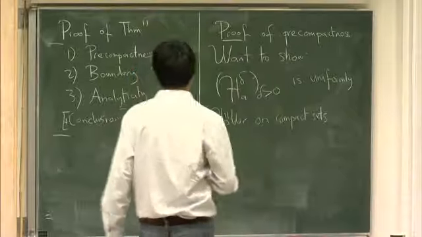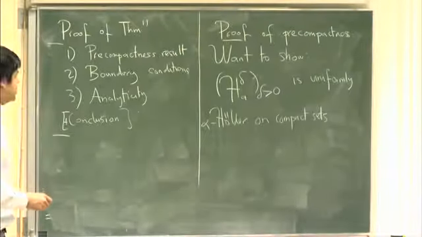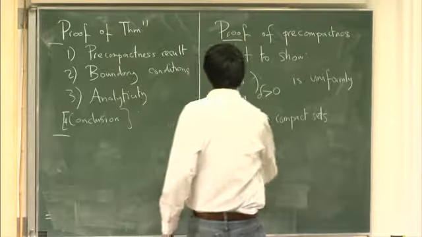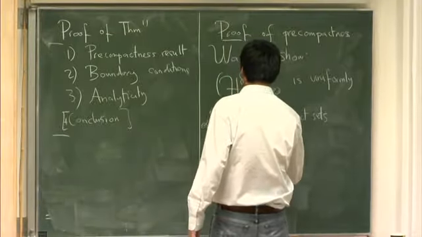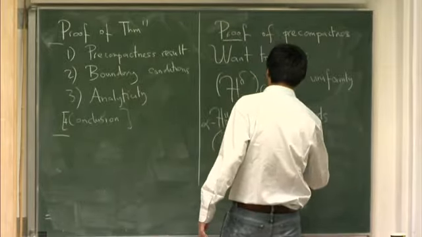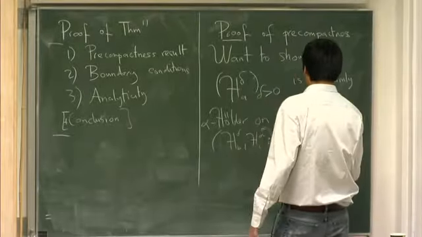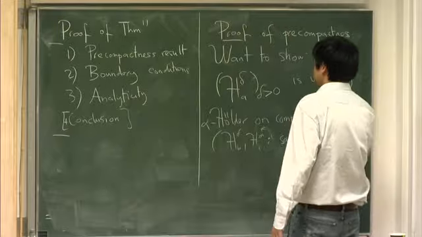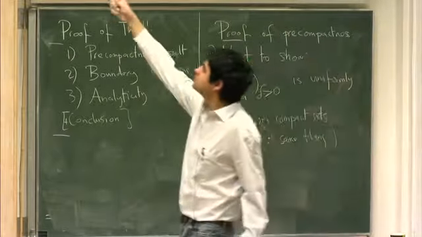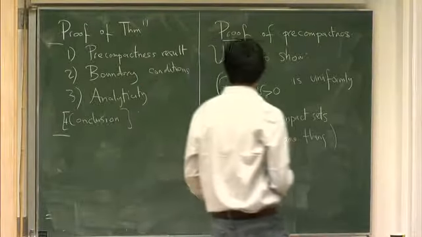Of course, HA, HB, and HC are symmetric of each other. So HB delta and HC delta, the same thing. If I can prove that the first one is uniformly Hölder, the whole linear combination is going to be uniformly Hölder continuous.